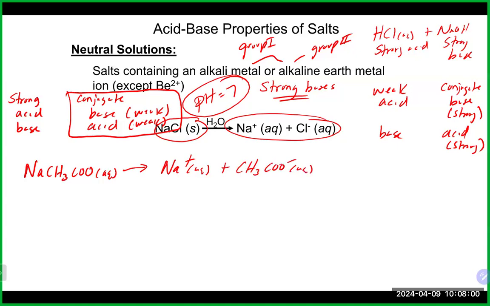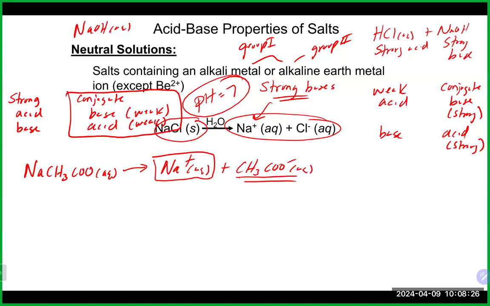So when we look at the components of the salt, what we want to think about is where these come from and whether they will continue, for example, to react with water. So clearly sodium falls under what we just talked about up here. That most likely came from sodium hydroxide. It's probably the base where we got that from.